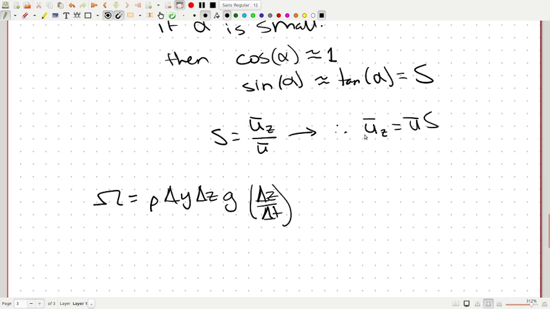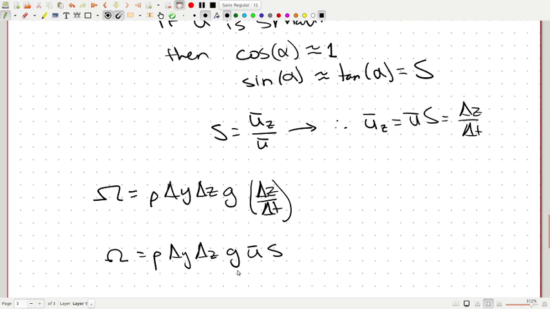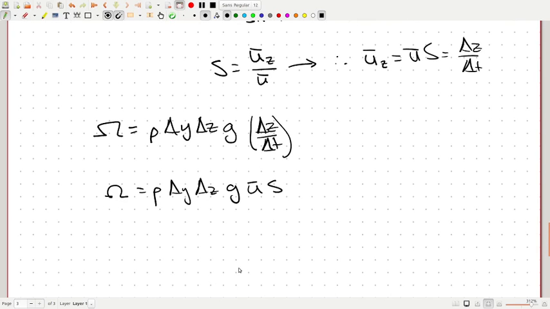And u sub z is equal to delta z over delta t. Therefore, we can just simply substitute this in and say that omega is equal to rho delta y delta z, g, mean velocity, slope. So the next thing that we do is we invoke something that we call the rectangular channel approximation.